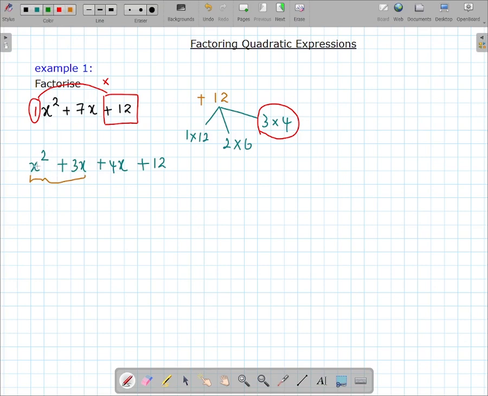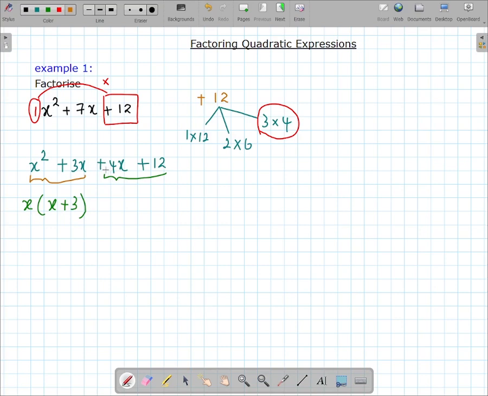If you take x to the power 2 plus 3x, these two terms, what is common? That is x is common. Then x to the power 2 divided by x, that is x. 3x divided by x, that is plus 3. Then I select the other two terms and take the common things out.